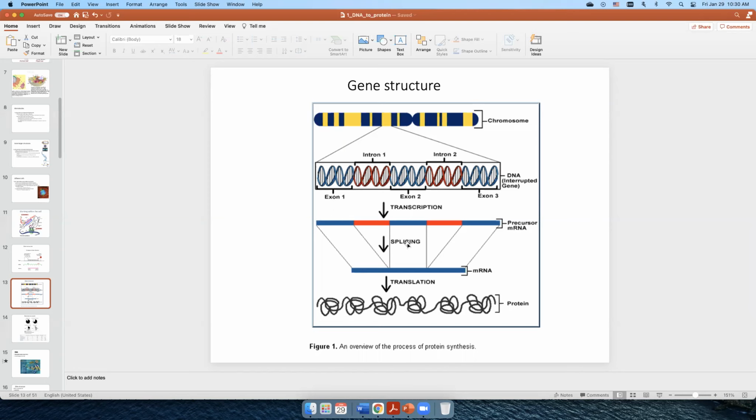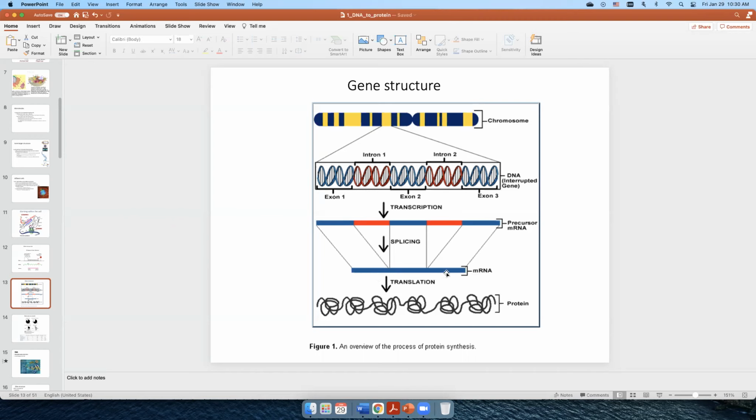And then there's a process which is called splicing, which will delete or remove the intron information. It doesn't encode the protein structure. So these parts will be removed, and then all the blue parts or exon parts will be combined together to be the new mRNA.